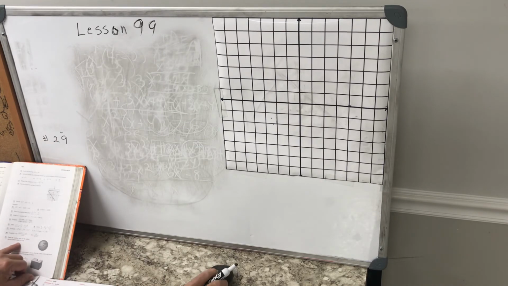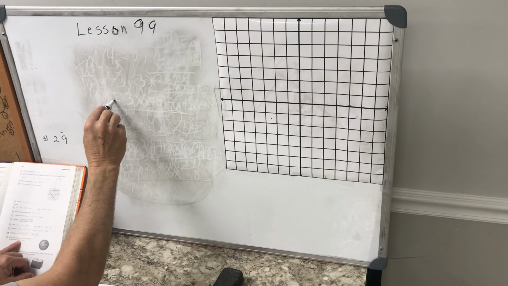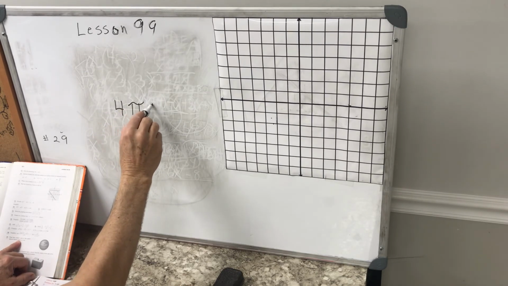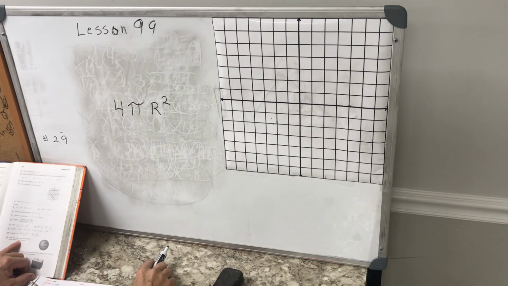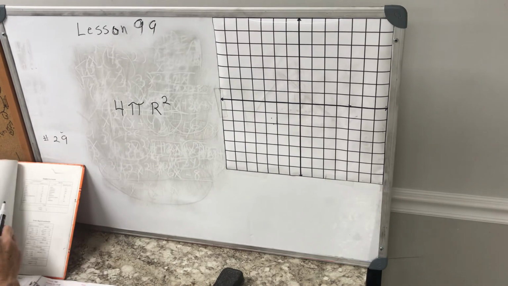And 29, I'm just wondering if you remember the formula for finding the surface area of a sphere. If I'm right on this, it's 4 times pi times radius squared. Surface area of a sphere. I'm going to check back to make sure I'm right before I work this out.